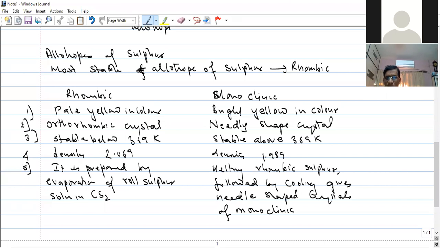So this is the allotropy of sulfur. Main emphasis is on rhombic and monoclinic sulfur.